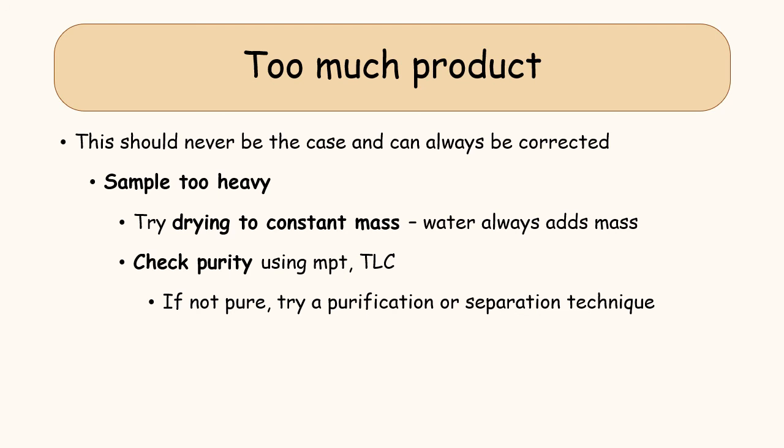You can always find ways of dealing with a situation where you've had too much product. It could just be that you've not had enough time to do the purification or to dry to constant mass in class. But if your percentage yield is too high, the steps to take are try drying to constant mass and checking the purity, and if need be, do a purification technique.